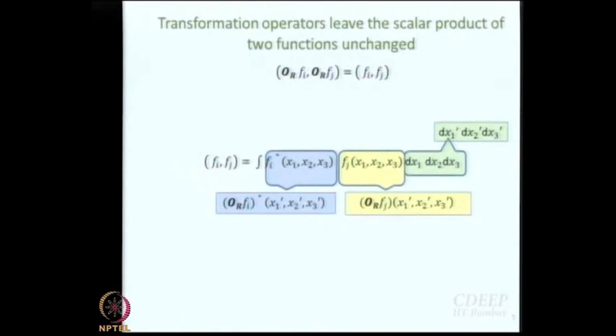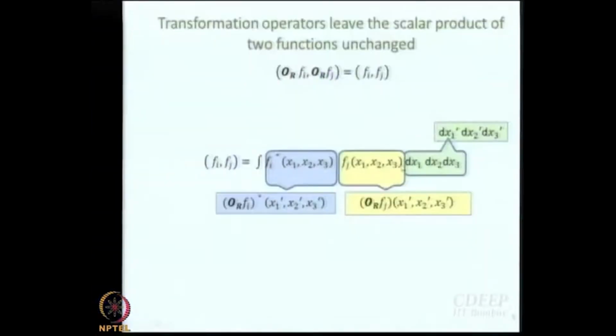Volume element, very small volume element, they are the same. So, without any prick of conscience, I can write dx1 dashed, dx2 dashed, dx3 dashed instead of dx1, dx2, dx3, right. We have substituted Fi star by ORFi star in the transformed coordinates. I have substituted Fj in the original coordinates by ORFj in transformed coordinates, and I have written the volume element in transformed coordinates as well.